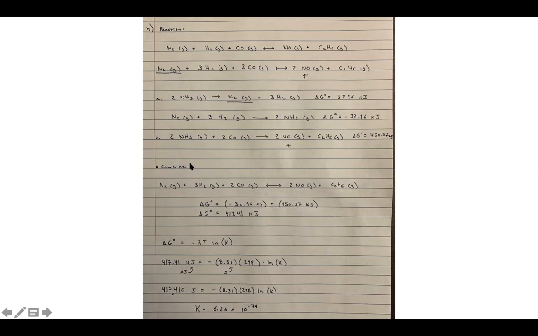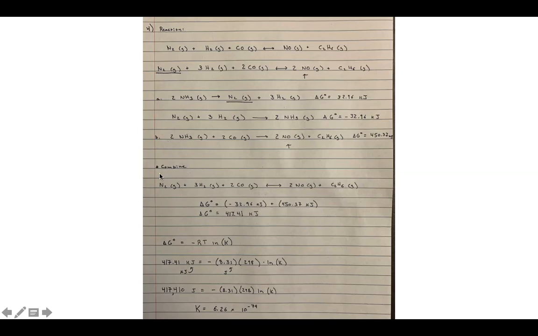When I combine them and cross out any compounds that appear on both the reactant and product side, I'm left with this net overall equation, which you'll notice perfectly matches the goal equation at the top. That tells you that the manipulations you did above were correct.